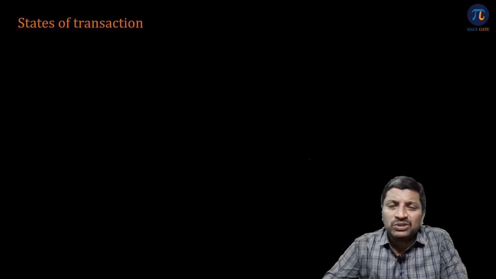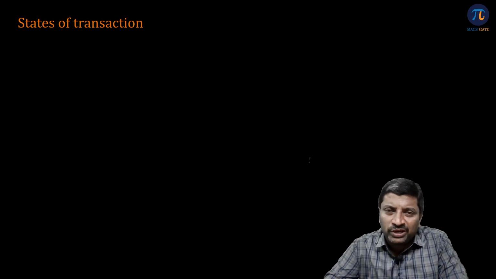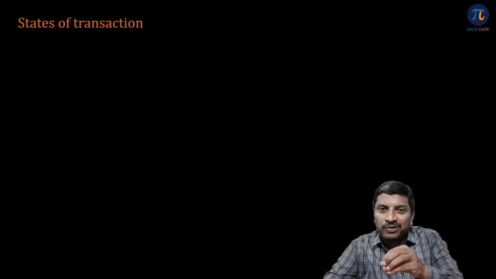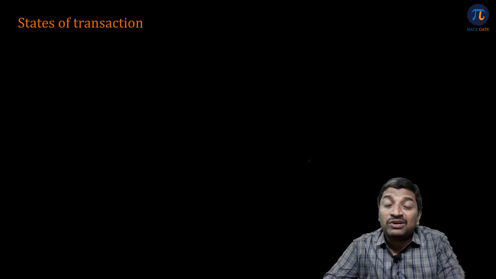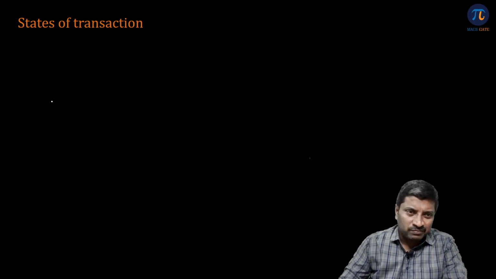Now let's go to the states of a transaction. When you are doing a transaction, what are the possible states and what is the meaning of those states? Suppose T is a transaction.